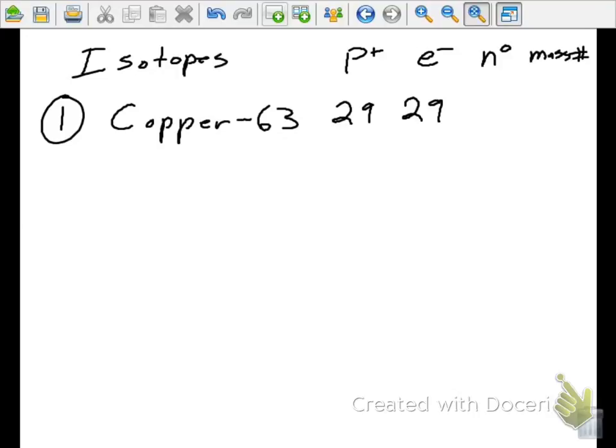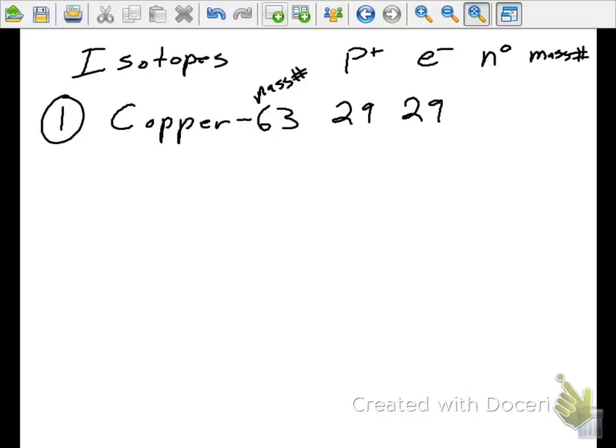Now, this is really easy, because what did I say makes up the mass of the atom? Protons and what? Neutrons. Protons and neutrons. So that is what we call the mass number. It indicates a little bit about the relative masses of atoms.